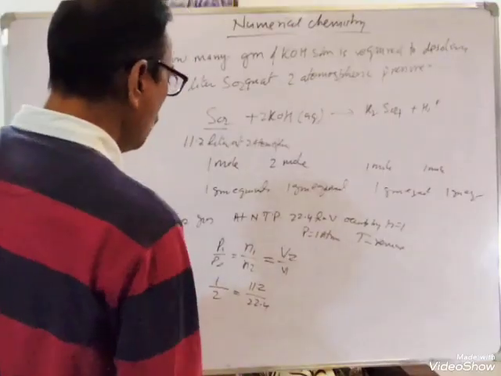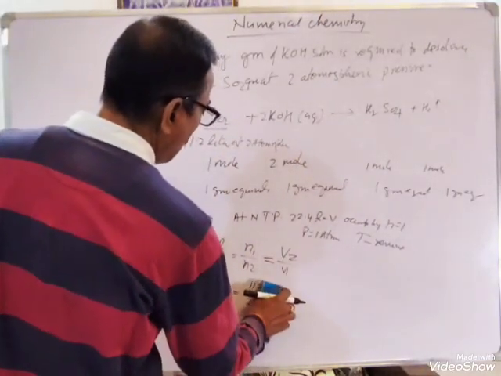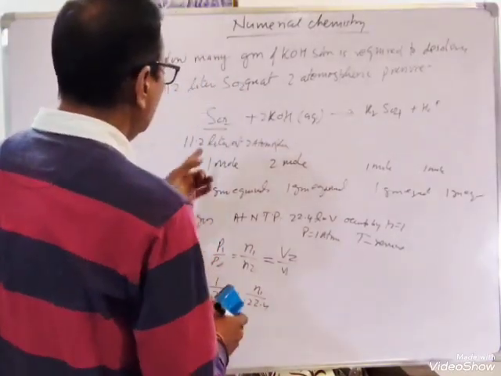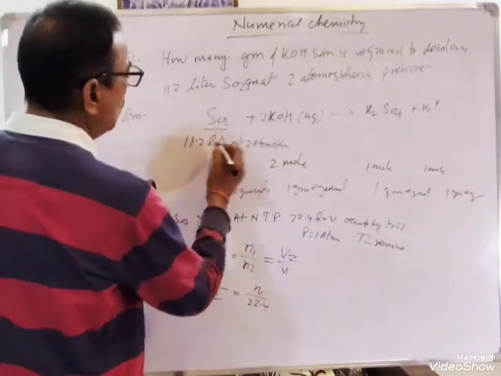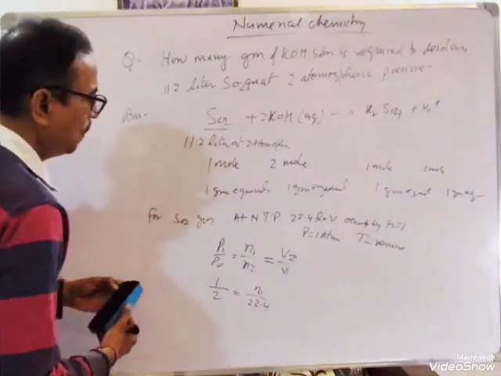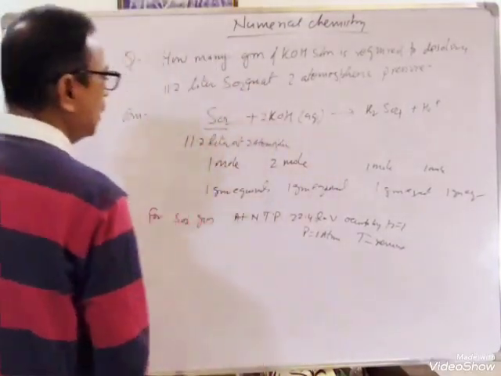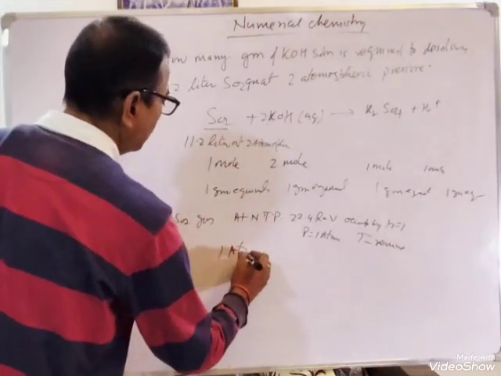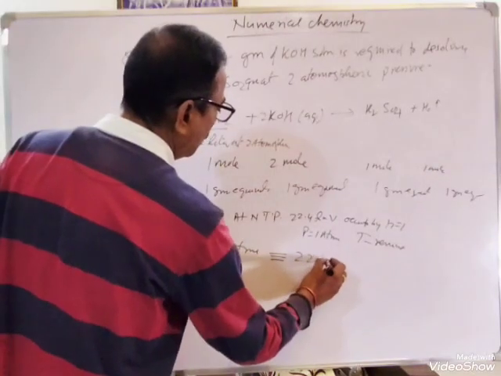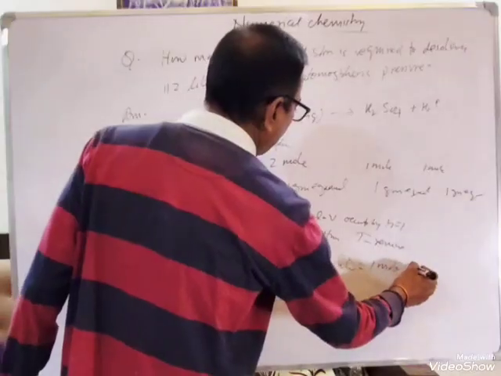So how many moles are there in the second case? You can find this out simply: 1 atmosphere, 22.4 liter is equivalent to 1 mole at NTP.